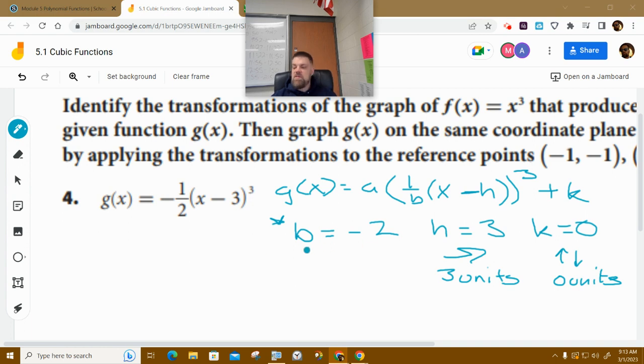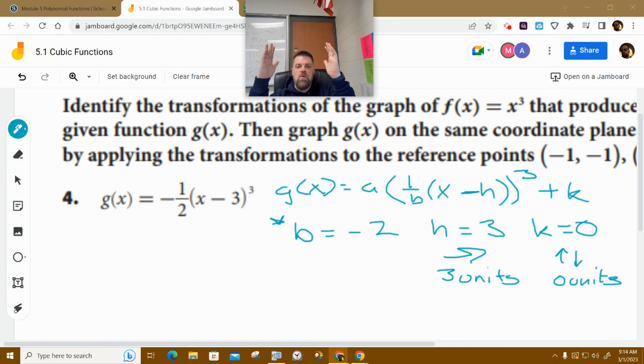Now this B, does anybody remember what B is? It's the vertical compression, right? Or not vertical, horizontal compression or expansion. No, that's not left or right.